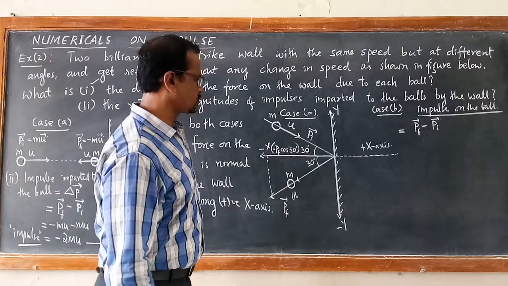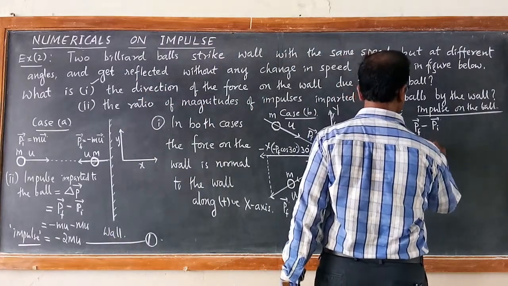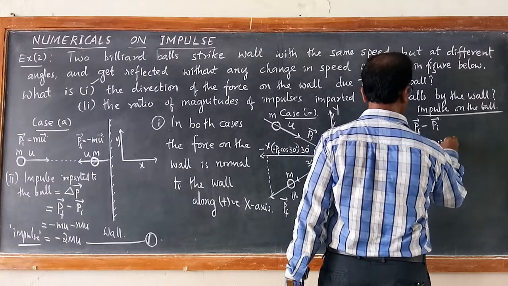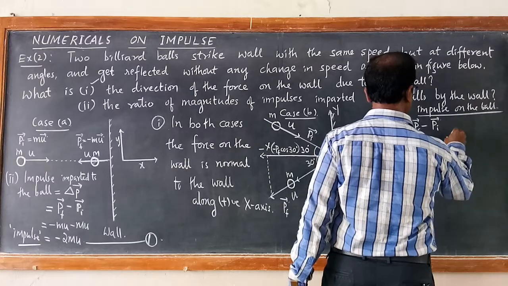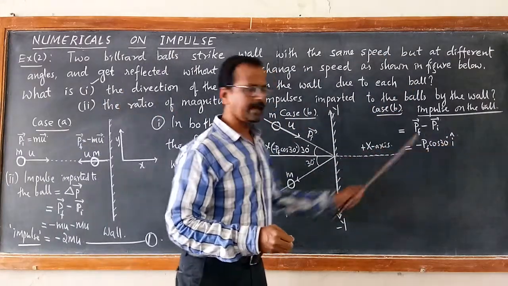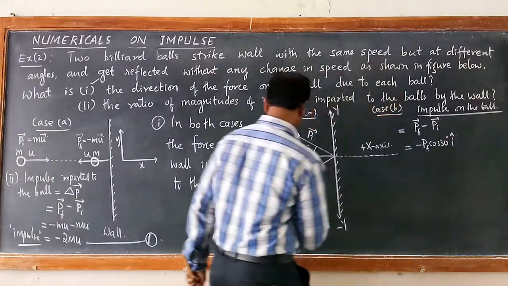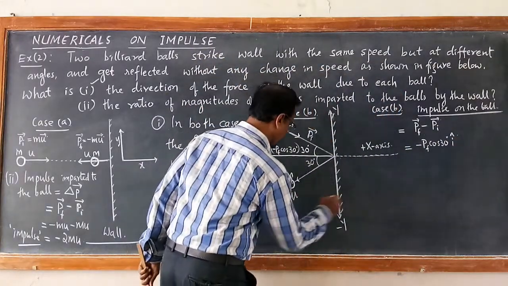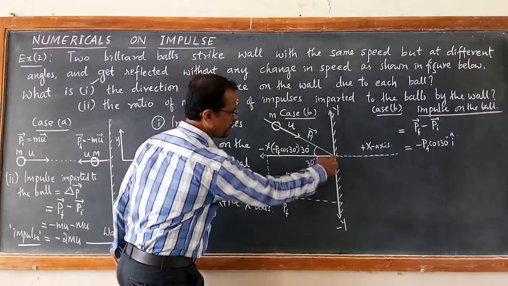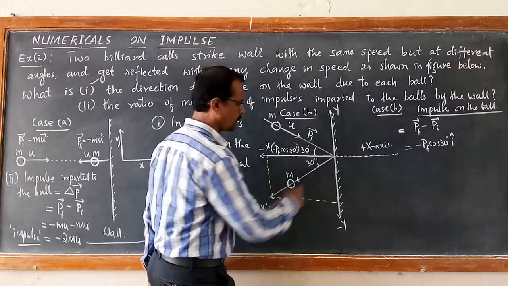So I write minus Pf cos 30 i cap, because it is along the negative x-axis, plus, draw a perpendicular to the y-axis and you will get the y component, Pfy.